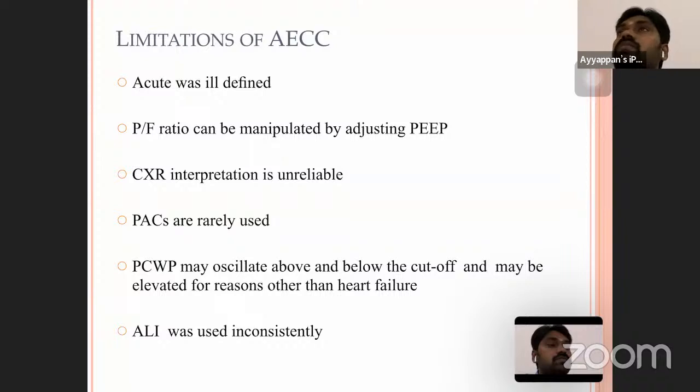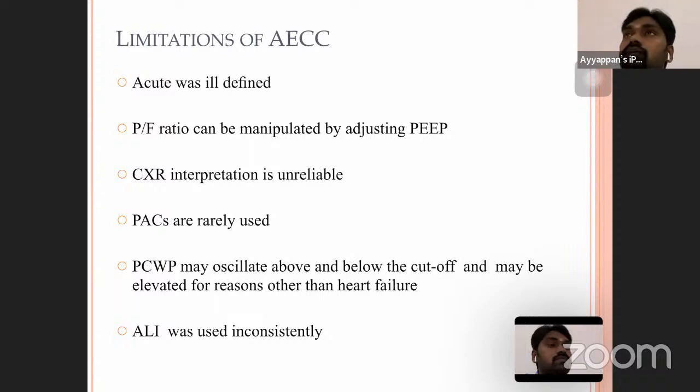Similarly, chest X-ray infiltrates could be because of multiple reasons, not only consolidation; it could be collapse or any other entity, and it has very low sensitivity and specificity. And PAC in the current era is very rarely used, or not used at all, and insertion of PAC itself is associated with significant morbidity and complications.